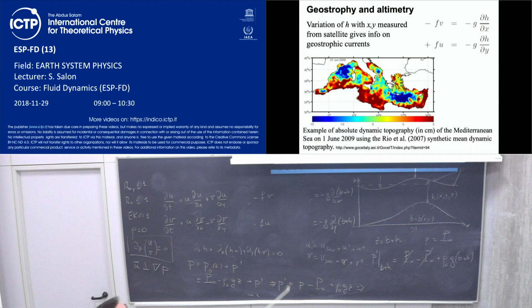Indeed, if you look at any paper which represents the circulation of the Mediterranean, it starts from here, where we have lighter water coming from the Atlantic, goes in this direction, and then more or less comes back in the other direction.